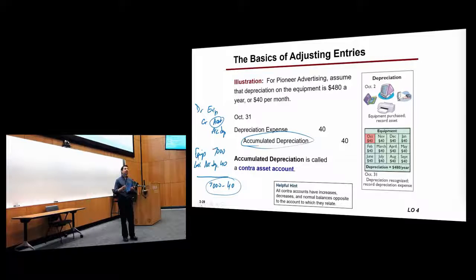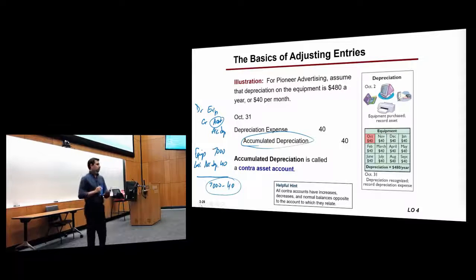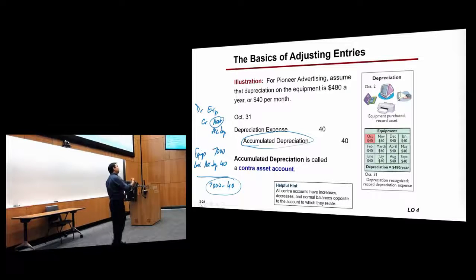By saying that I have accumulated depreciation. So this is the expense that will accumulate, and this is the contra asset account. Contra asset accounts are subtracted from the value of that asset to get to what we call the book value.